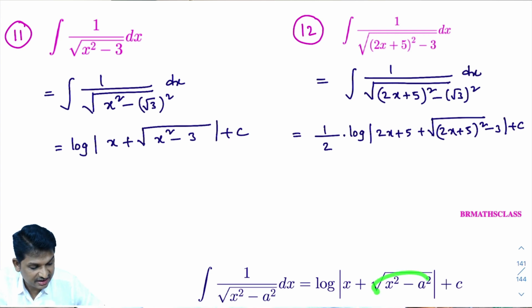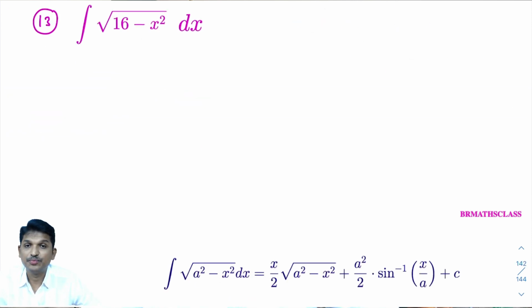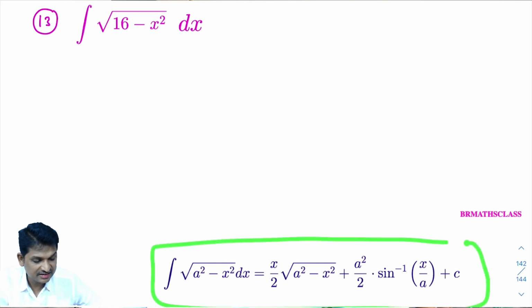What I am trying to say here: x square minus a square is there. Now, in the question, you write the same thing. You will get x square minus a square, right? a square minus a square plus c. I hope you understand this now. And see this one. This is the formula. Actually, these formulas are there in exercise number 7.7. But I want to do all as I am doing all problems model wise.